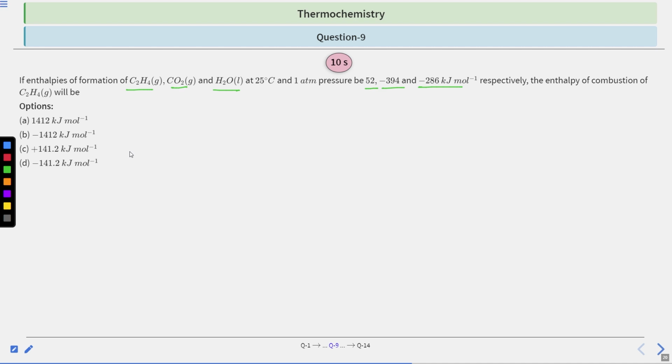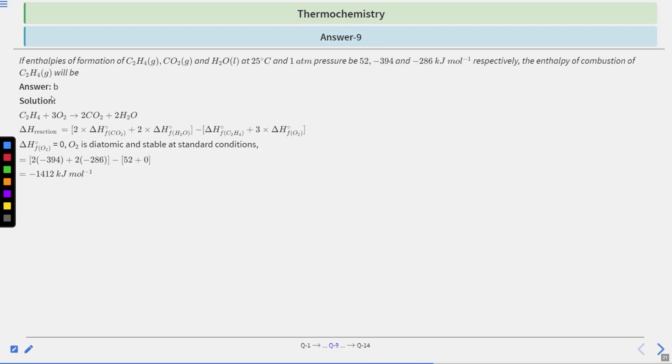So you have 10 seconds to solve this question. After that, we will see the answer. Okay, so the correct answer will be B option. So we have this equation, which is combustion of C2H4.